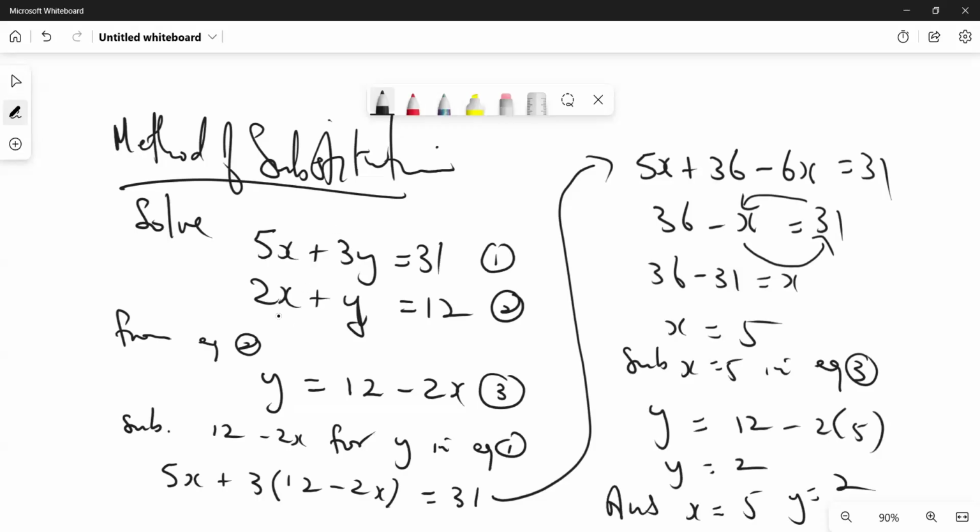You're looking for where you have maybe one of the unknowns by itself. The coefficient is 1. So we can take it and make that the subject, as you see here. I make y the subject because it's alone, right? And you now get y in terms of x. You take that now and you substitute it in the other equation.